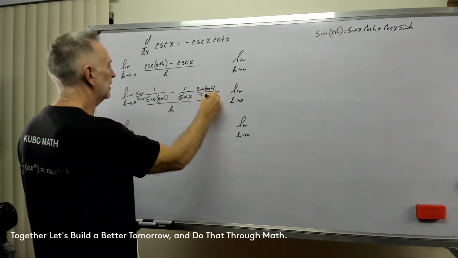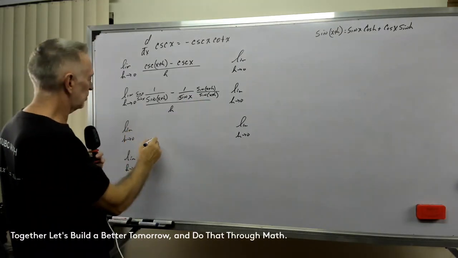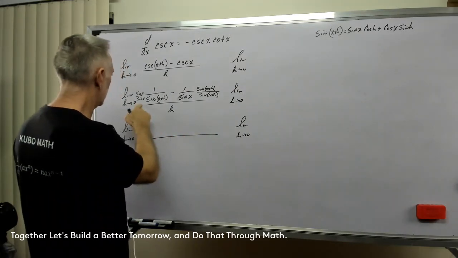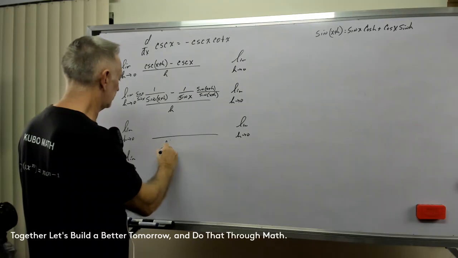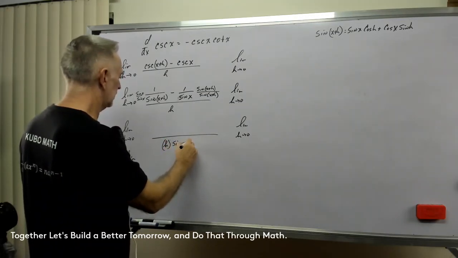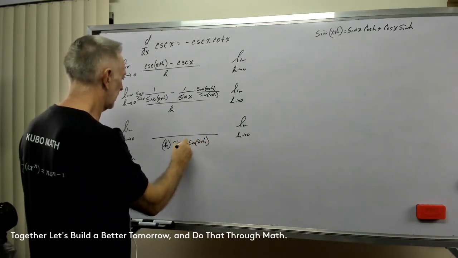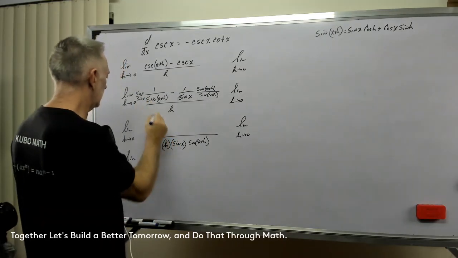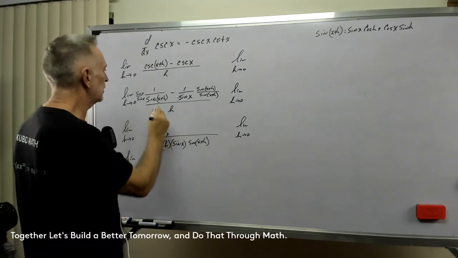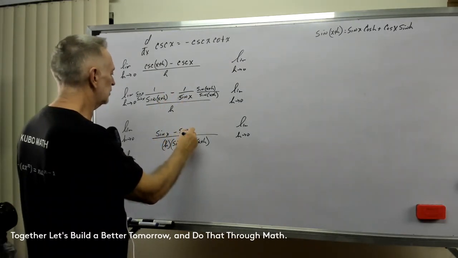So let's multiply this by sine x over sine x, and multiply this side by sine x plus h over sine x plus h. Now we have the limit as h approaches 0 of, actually, I'm going to move the h in there too, h sine x times sine x plus h. For the numerator, we've got sine x times 1, which is sine x, minus sine x plus h.